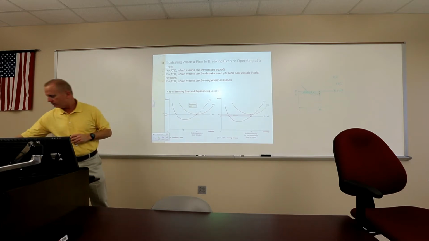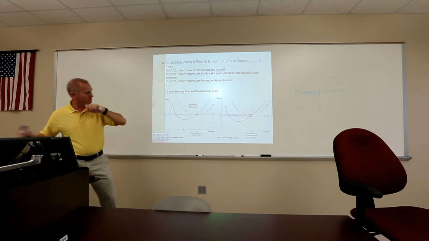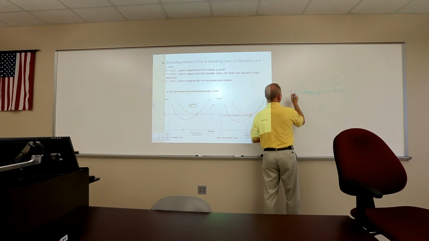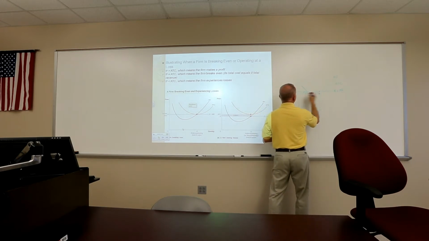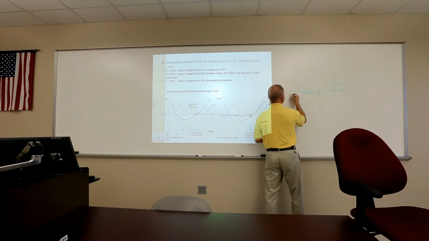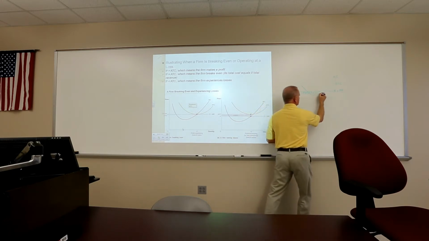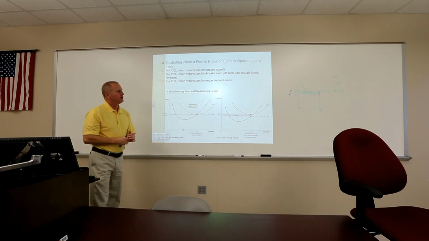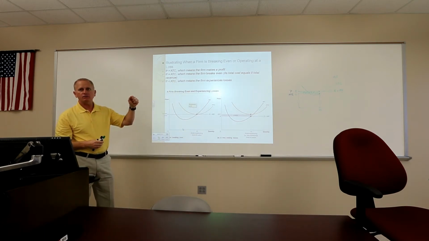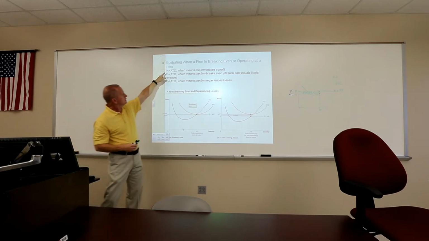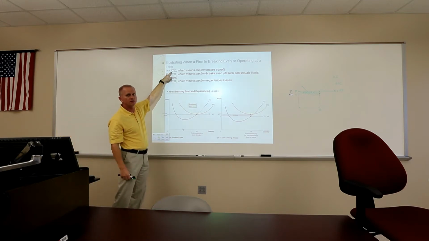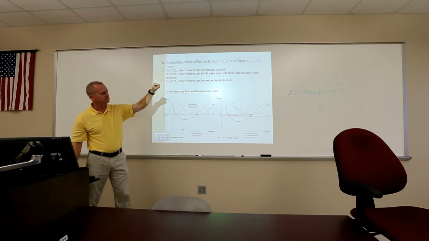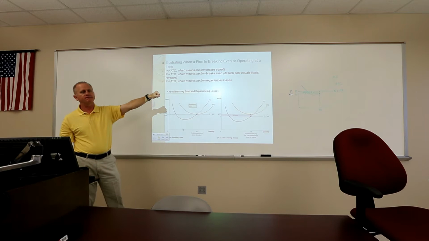On that one on the right, if this is your price, and the 6 is your average total cost, because that's where it's touching that average total cost curve as you go straight down. If price is greater than the average total cost, that's the first bullet here: price greater than average total cost, which means the firm makes a profit. There's my profit in that shaded area.